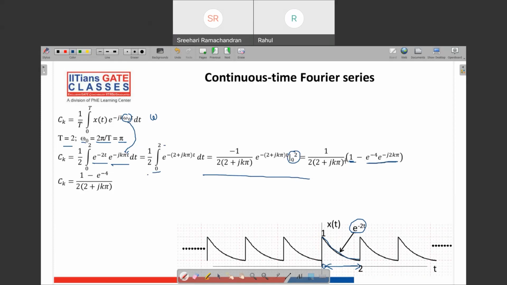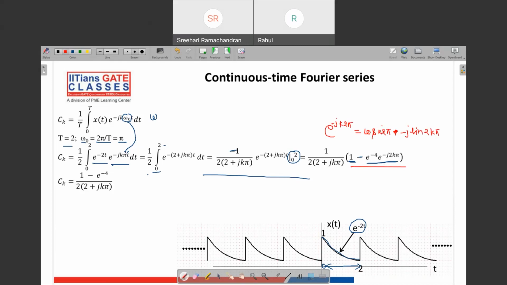For the lower limit I put the positive sign and for the upper limit the negative sign, because there is already a negative sign here, and because of that I have changed the order. Now if you see this term, e to the power minus j k 2 pi, you can write it as cos k 2 pi minus j sine 2k pi.